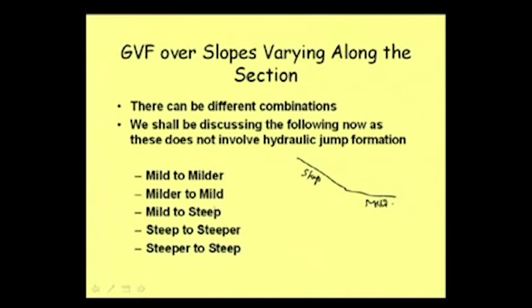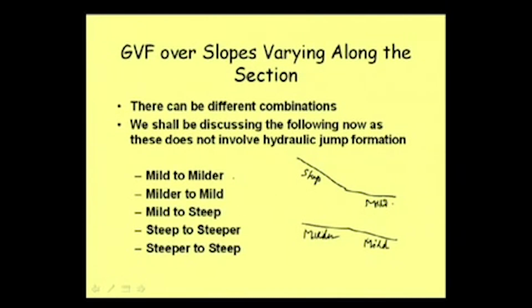There can be some other combination that a mild slope is coming and then it is again changing to a mild slope, but it is steeper than this mild slope. That means this particular part is milder, and this is mild.